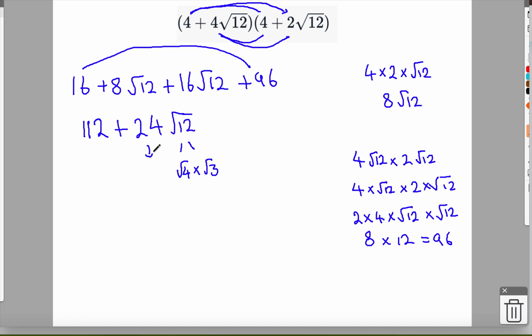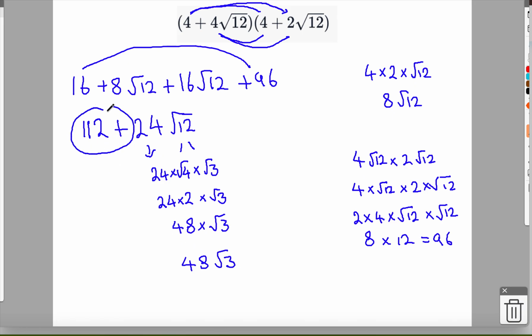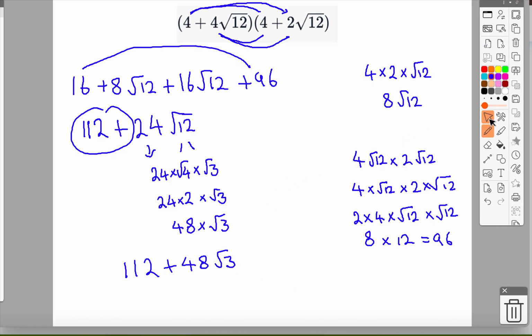But remember to bring that 24 down because it's 24 times by that. Root 4 is 2. So then you've got 24 multiplied by 2 multiplied by root 3, which is 48 root 3. And then, of course, remember you are adding 112 at the start. So you've got 112 plus that. Hope that was okay in terms of the explanations for you.